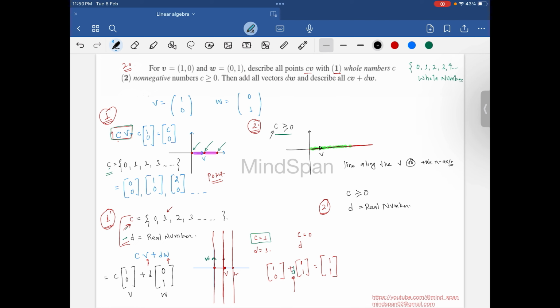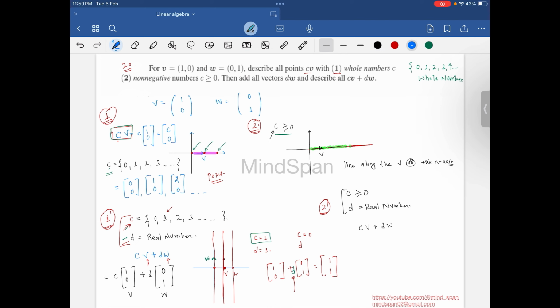What we want to see is what space we will have with this particular value of c and d when we take the linear combination of this vector v and w. So can you visualize what kind of space you are going to get with c greater than 0 and d any real number?